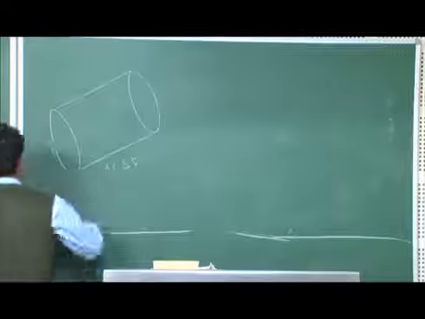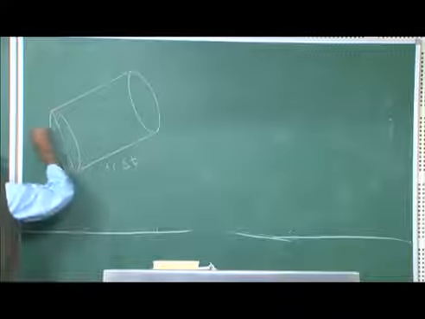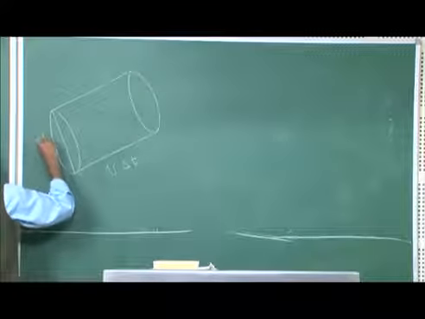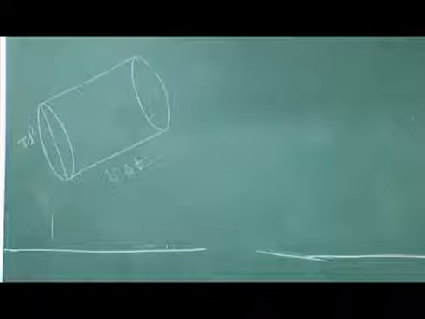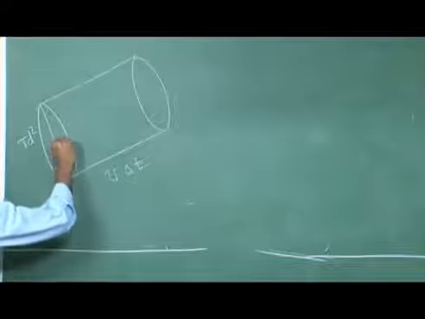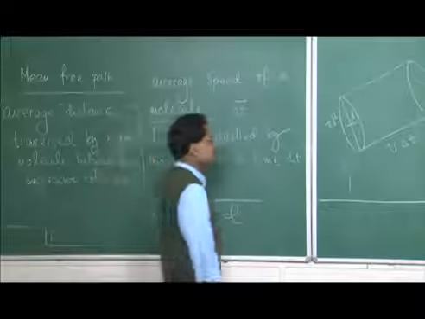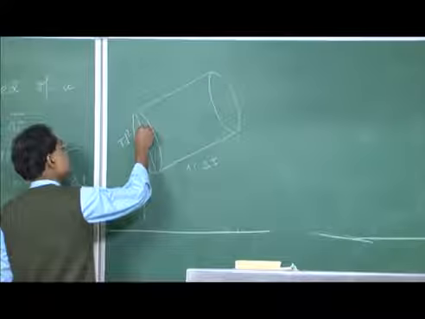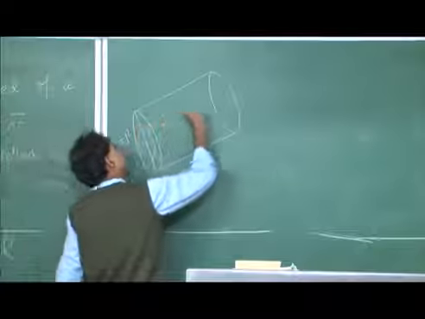And now let us assume that this area is pi d square. So this area is pi d square, with radius d, but I have already defined the molecular diameter as d, so the molecular radius will be d by 2.